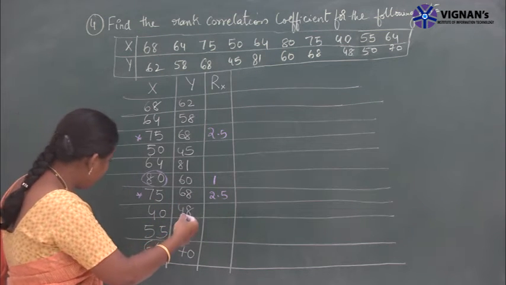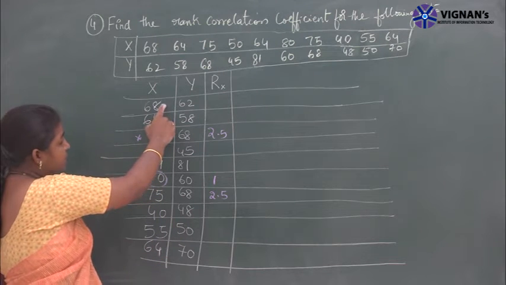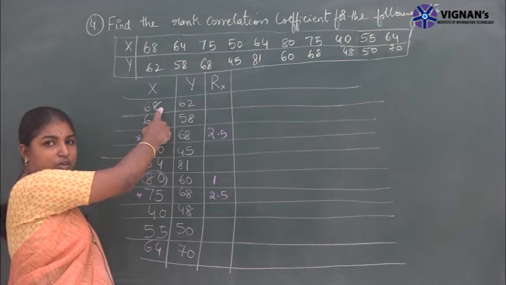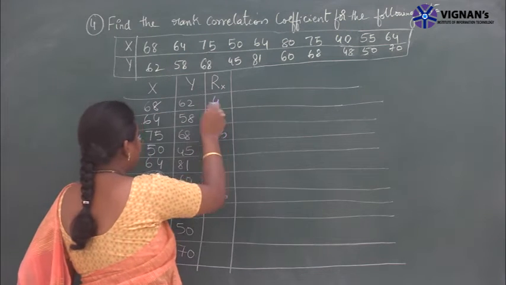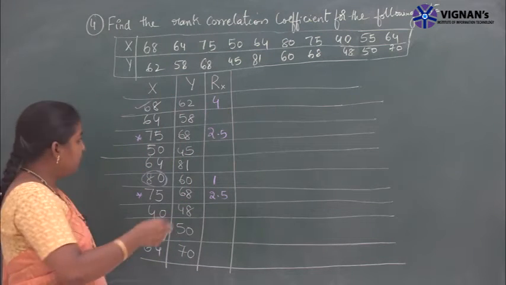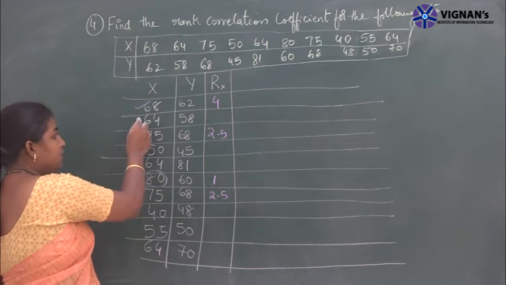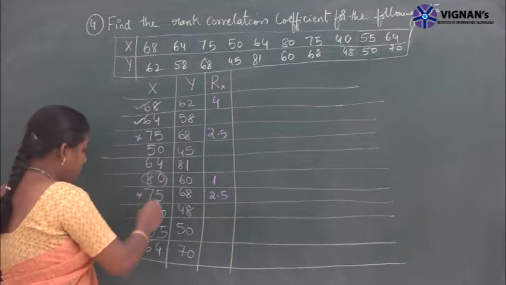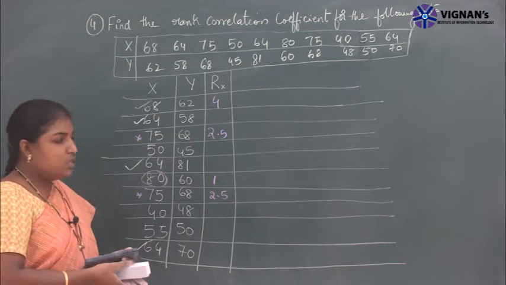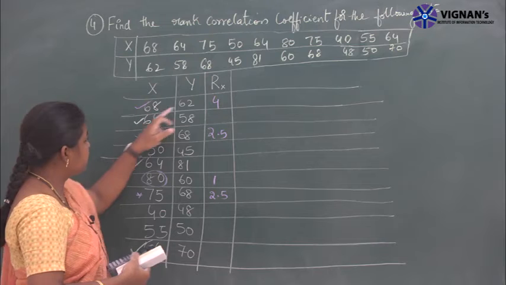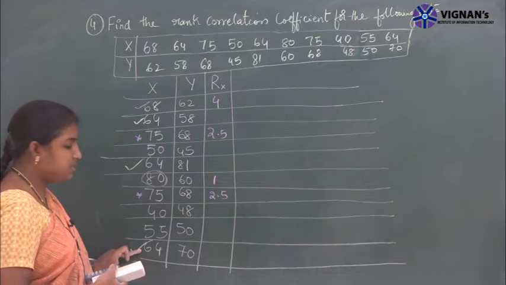The next maximum value is 68. So the next rank, after 2 and 3, is 4. So we give rank 4. Next, the next maximum is 64. 64 we have 3 times. So the places of 64, after 4, are 5, 6 and 7.